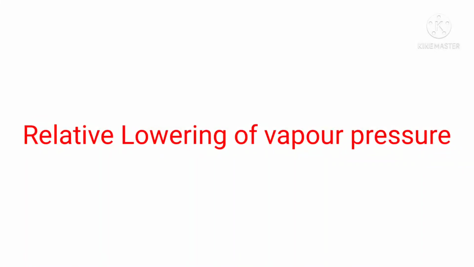Thus, at constant temperature, the evaporation of the solvent from a solution is less as compared to that from pure solvent. Hence, the number of vapor molecules per unit volume is also correspondingly less above a solution than above the pure solvent.